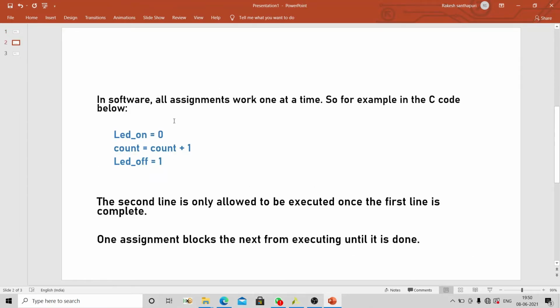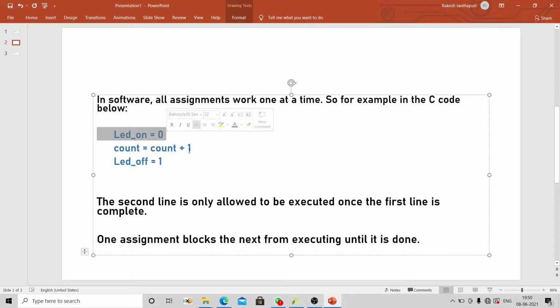If you look at a software language such as C, here is some pseudocode. LED on equals 0, count equals count plus 1, and LED off equals 1. You can see the second line is allowed to execute only after the first line is completed. Our compiler doesn't execute all the lines at a time.